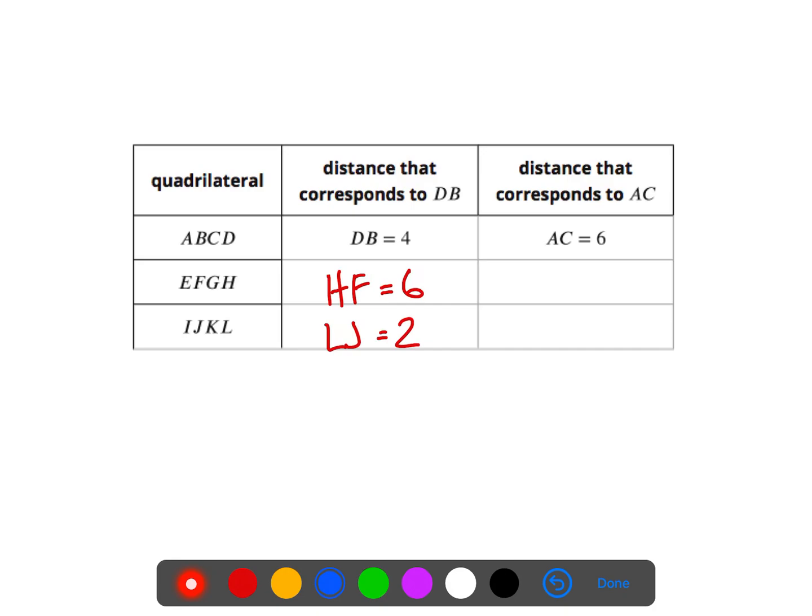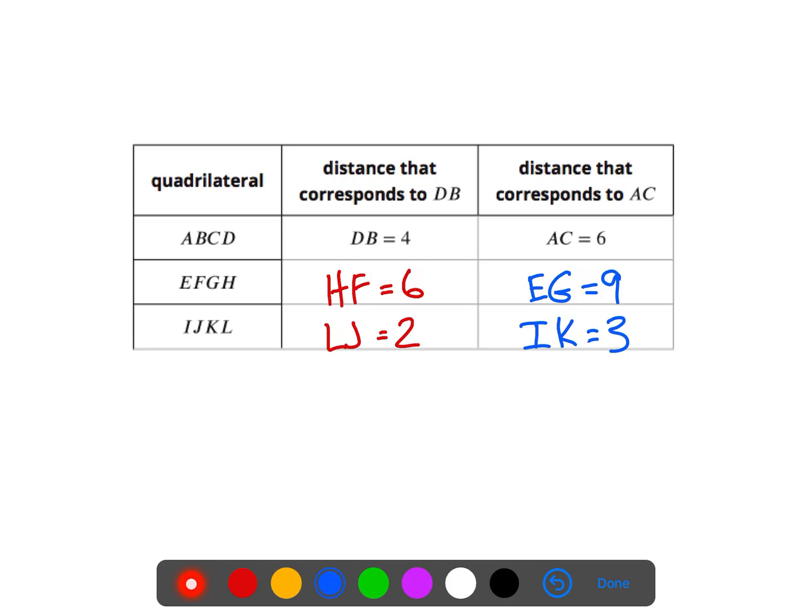Now we're going to talk about the vertical distance going through each figure. So AC in the first figure is 6 units. From E to G in the next figure, that's 9 units. And from I to K, that is 3 units.